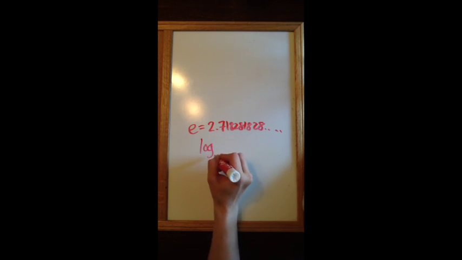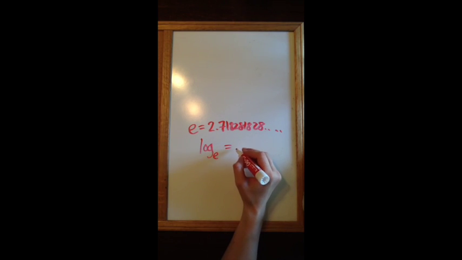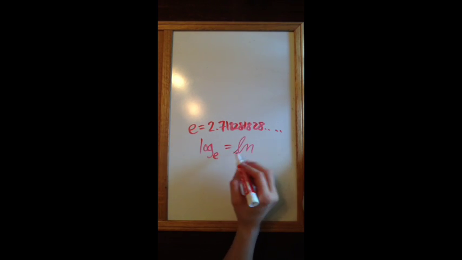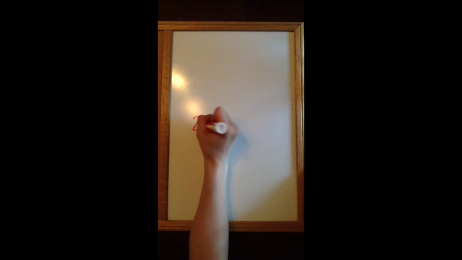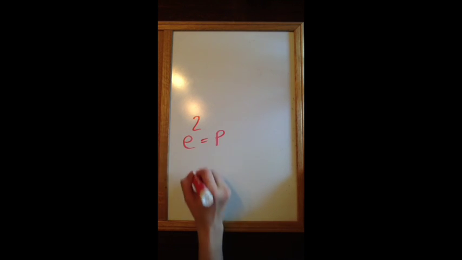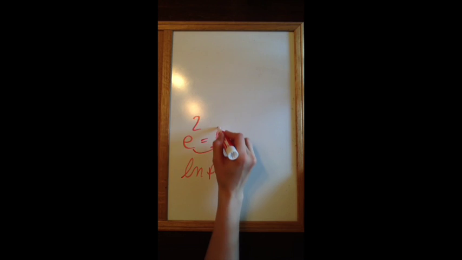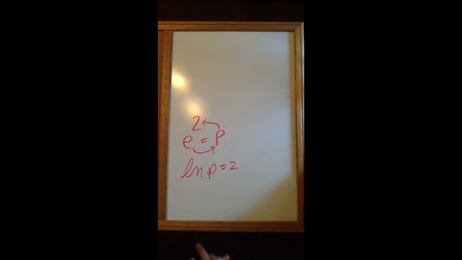So log base e turns into what we call the natural log, which we use ln to represent. It could be in cursive, or you could have it just written out, so ln like this or ln like that. If I had e to the 2 equals p, then I would use the natural log, because instead of log base e, I'm going to write natural log of p equals 2.